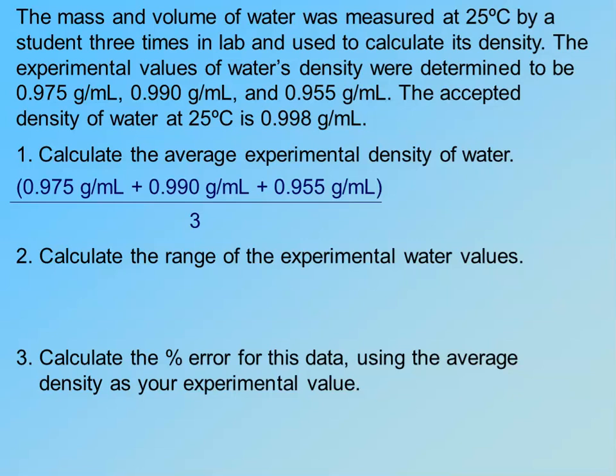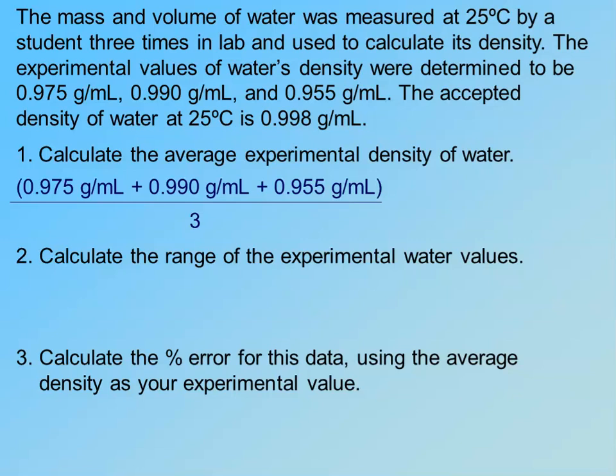So I got 0.973333333. And then when I divide it by 3, I already did the divide by 3. I got 2.920 when I added them together because I wanted to keep that third decimal place. When I divide those values by 3, I want to keep the 3 sig figs that were present in the numerical quantity, and that gave me 0.973333.